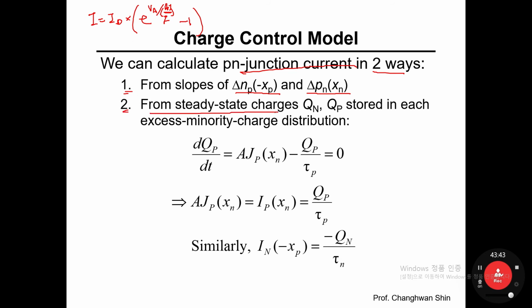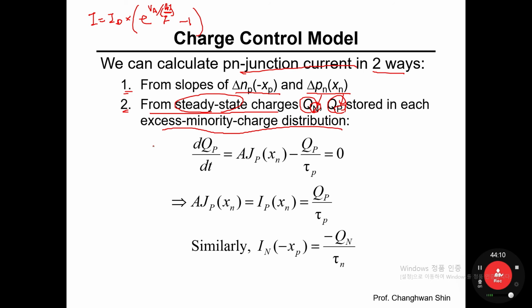From steady state. Steady state means under DC bias, right? Qn and Qp come from the electron concentration in the p side and the hole concentration in the n side quasi-neutral regions. Those excess electrons and excess holes are stored in each excess minority charge distribution.